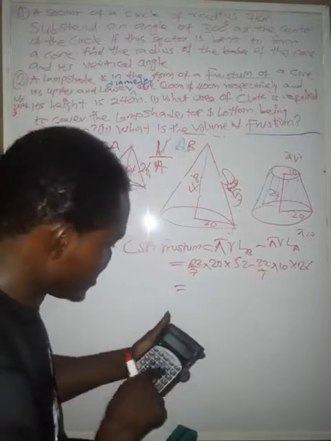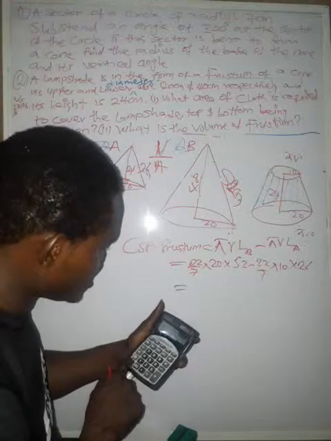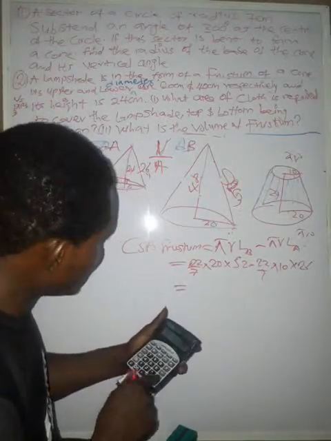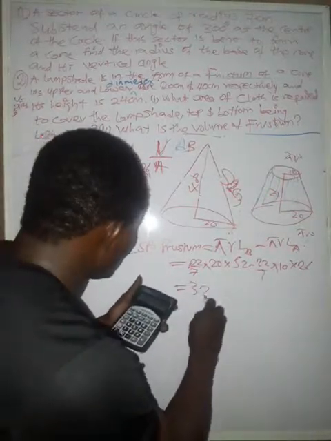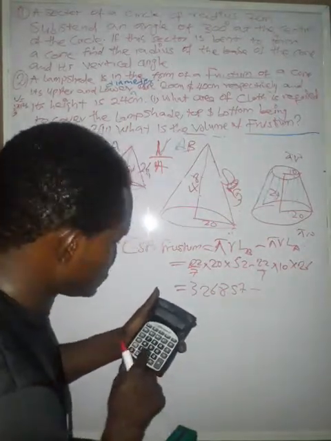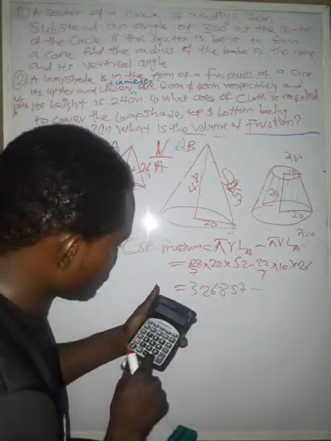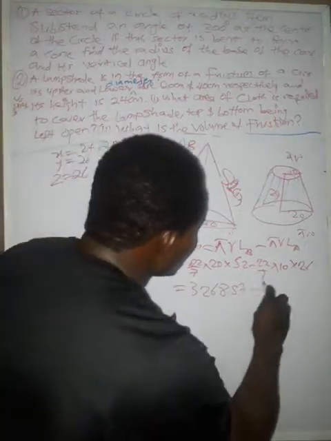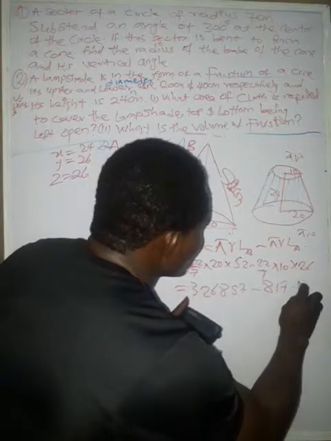So what I'm having there now is 22 times 20 times 52 divided by 7. That gives 3268.57, minus 22 times 10 times 26 divided by 7. That also gives 817.14.